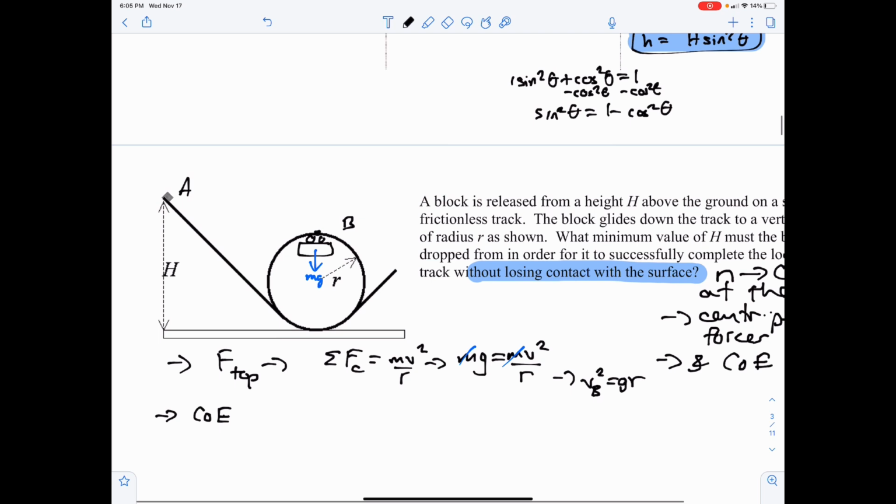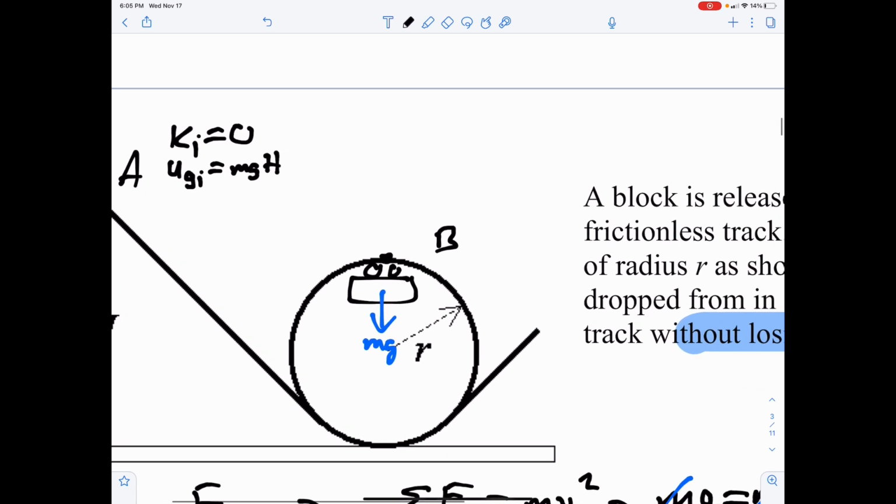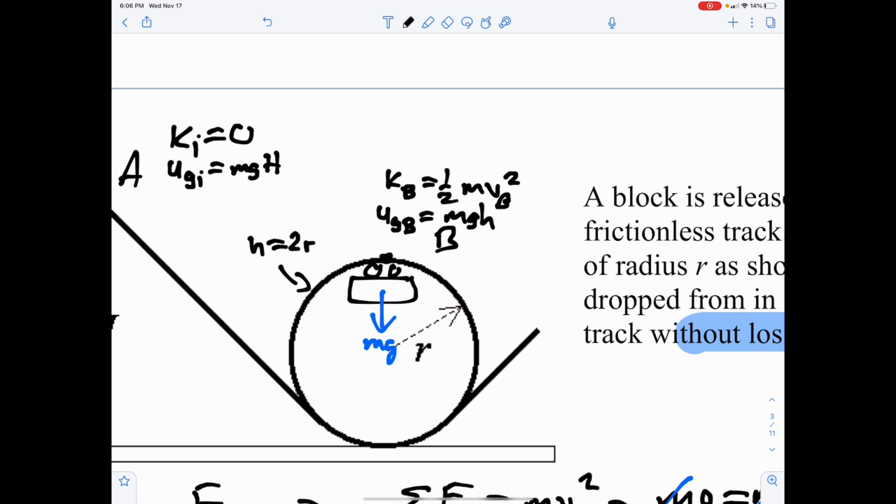Okay. We know at the top you're releasing it from rest, so we have no kinetic energy. Your potential energy, though, is going to be m times g times big H. At the top of the loop, you have kinetic energy going over the top, 1/2 m vB squared, and you have gravitational potential energy of mgh, where at this point right here, h is equal to 2 times r.